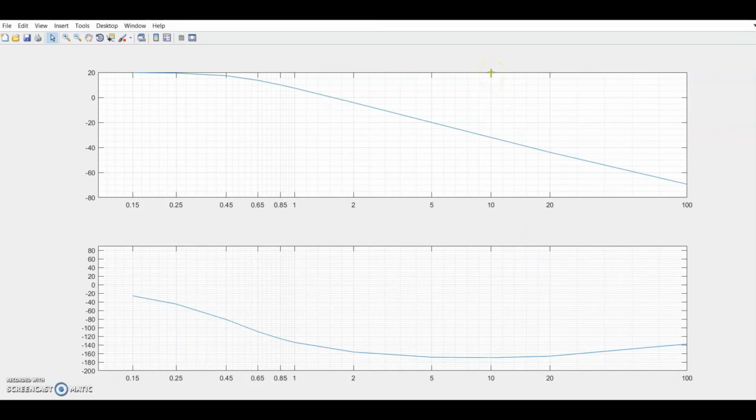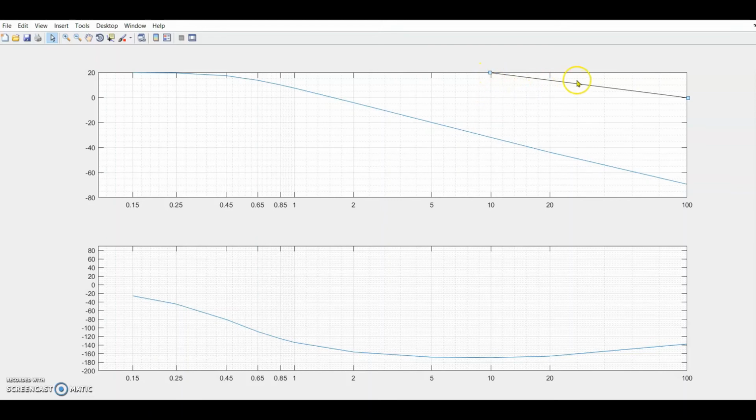If you look, this is 20 and this is 0, right? If we start from 20 at omega equal to 10, by the time the line reaches 100, there should be a drop of 20. So if we start from here and go up to here, I have crossed one decade on the x-axis, and I see a drop of 20 dB.